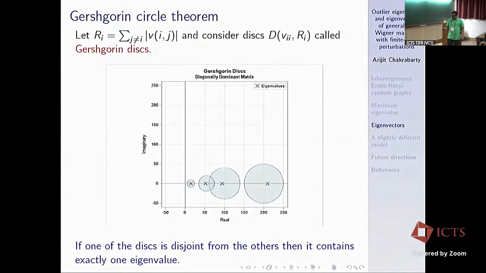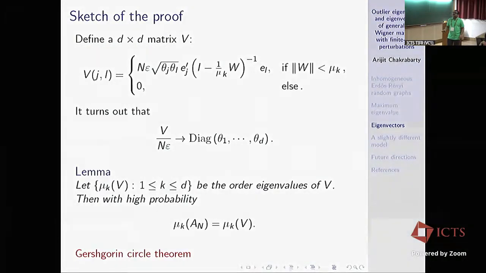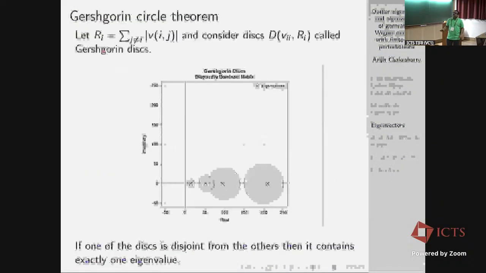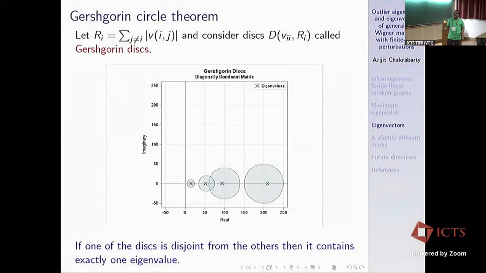What we showed essentially is that the eigenvalues of mu_k are also the eigenvalues of V, and then we used the Gershgorin circle theorem, which says that if you take a circle in the complex plane of this radius around the diagonal entry, then each of these circles must have at least one eigenvalue.